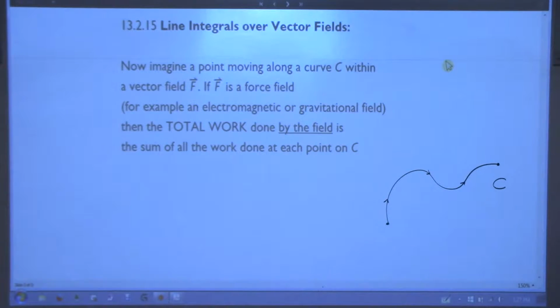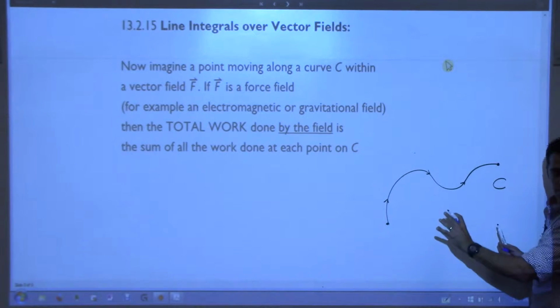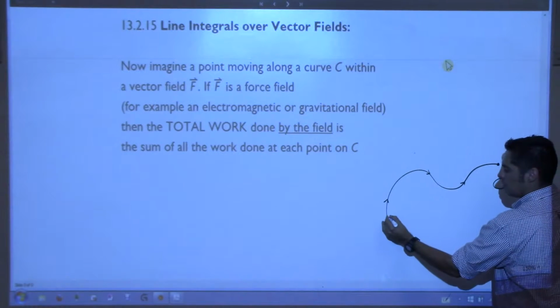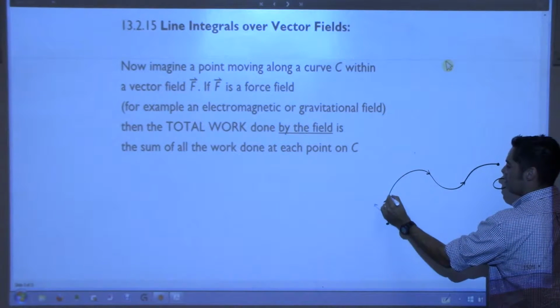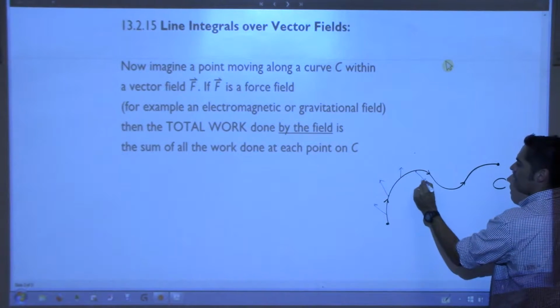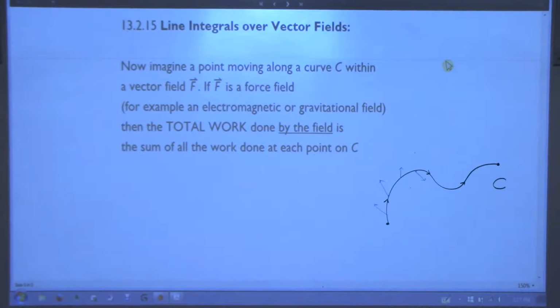You just have a vector field sitting here, which means that at every point, there's a vector. So at every point on this curve, there is a vector doing something. I don't know what it's doing because I don't even know what the vector field is. I'm just making it up. But there's vectors everywhere. Just along that curve, there are your vector field vectors.